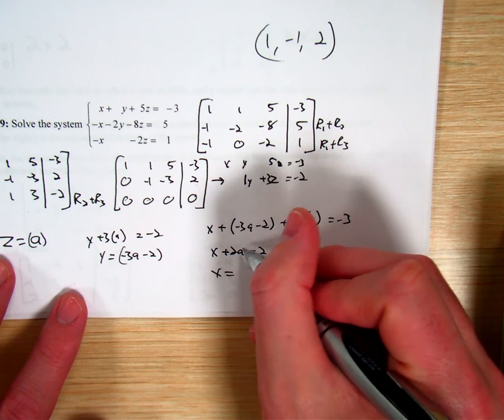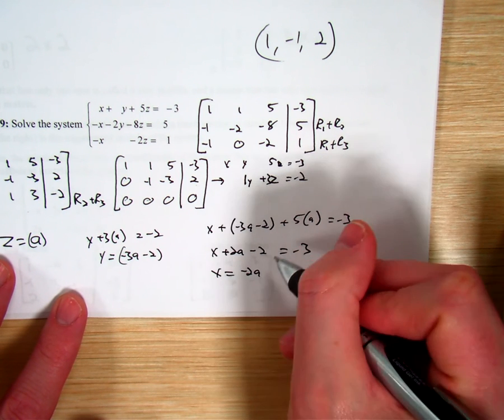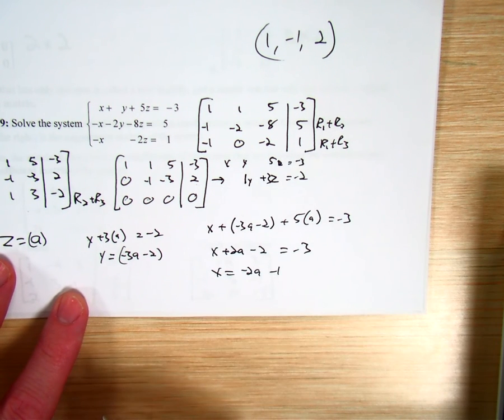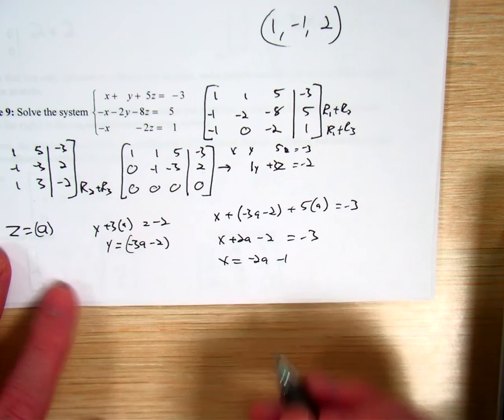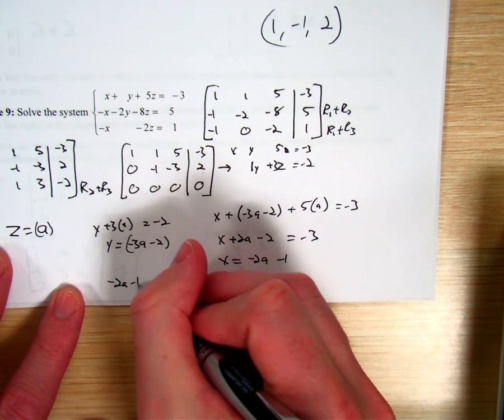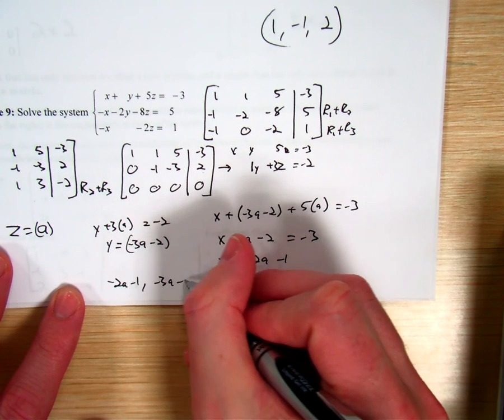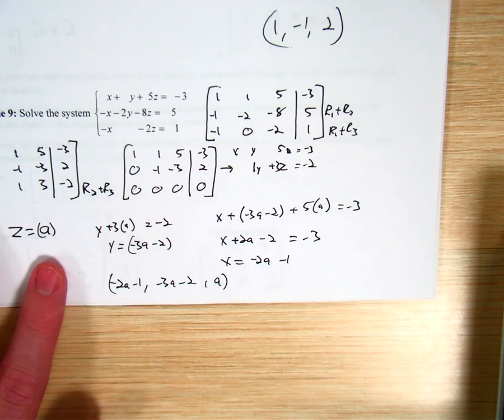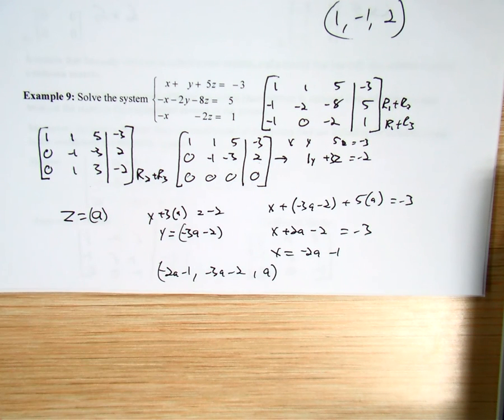X is going to equal, well, if I subtract the 2 over, we got negative 2a. Add the 1 over, it's going to make for a negative 1. Negative 2a minus 1, negative 3a minus 2, and then a. Infinitely many solutions of the form negative 2a minus 1, negative 3a minus 2, and a.